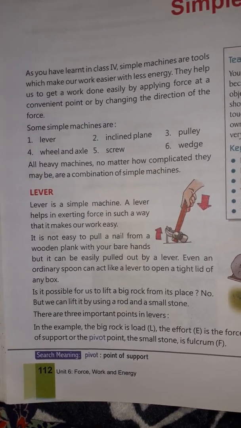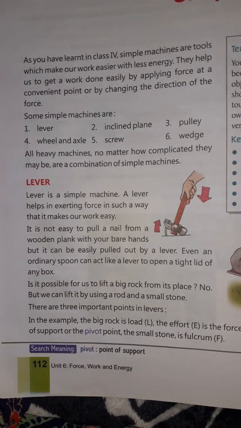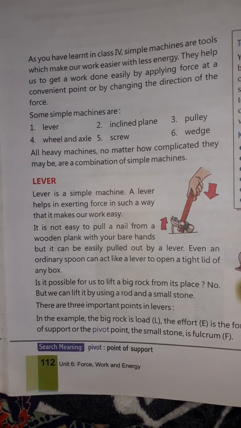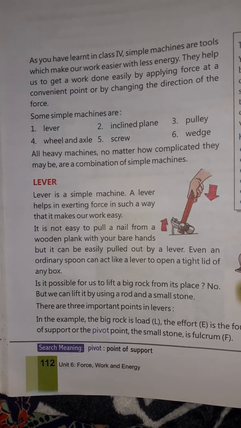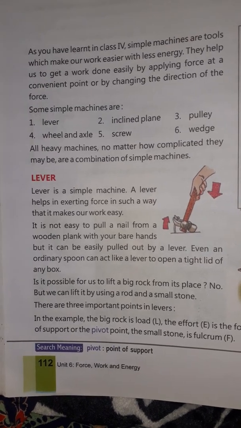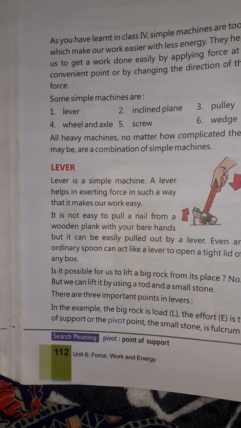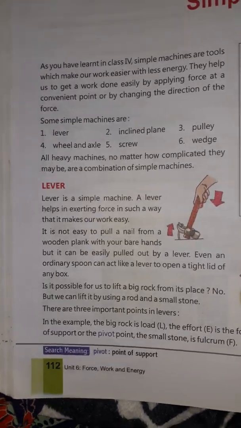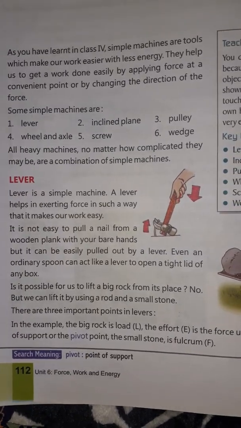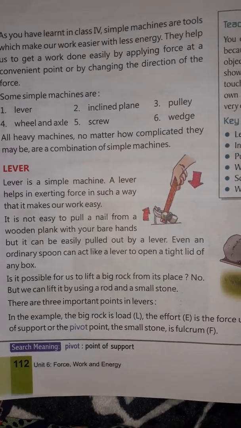If we are in a kitchen and there is a lid on a box that is very tight and we are not able to open it, we use a spoon, and from the back side of the spoon we easily open the lid of that box. In that condition the spoon acts like a lever, because it makes our work easier and helps us to open the box.